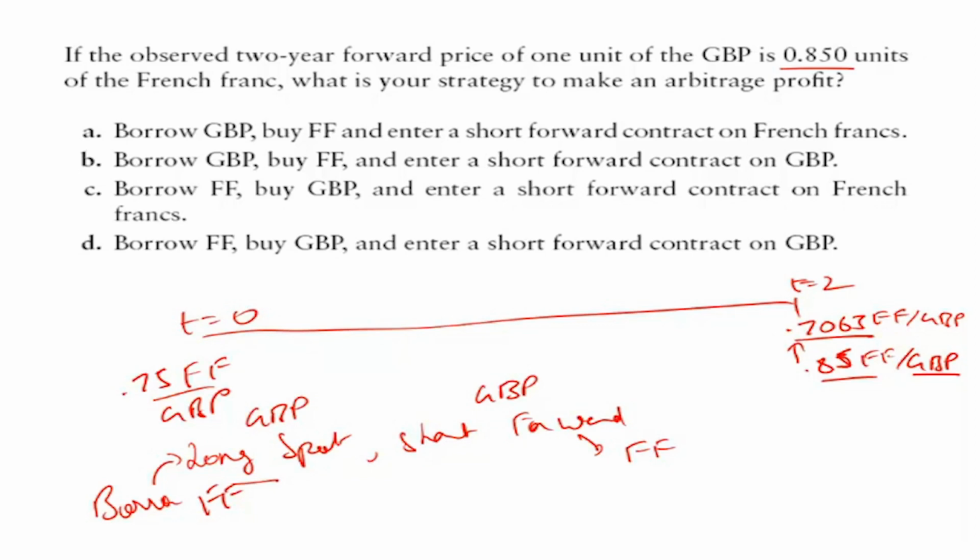So when you sell the GBP, you'll again get French franc that you can use to repay this borrowing, like we studied in our derivation. So borrow the French franc, buy the GBP, and enter a short forward contract on GBP, not on French franc. So borrow French franc, buy GBP, and enter a short forward contract on GBP is the answer that we are looking for.